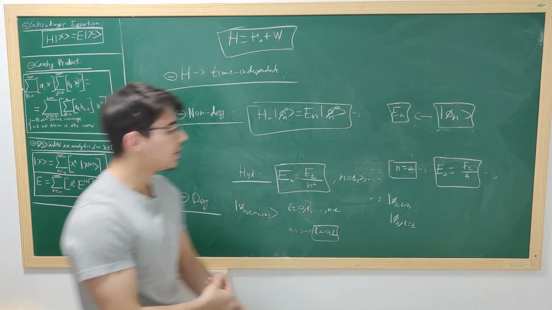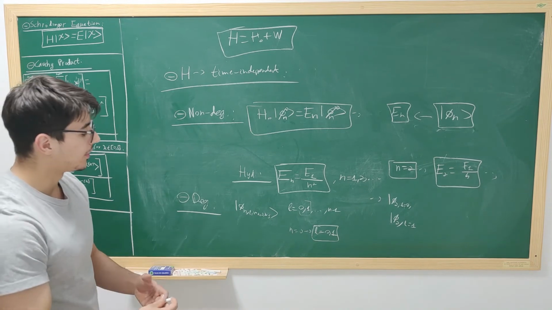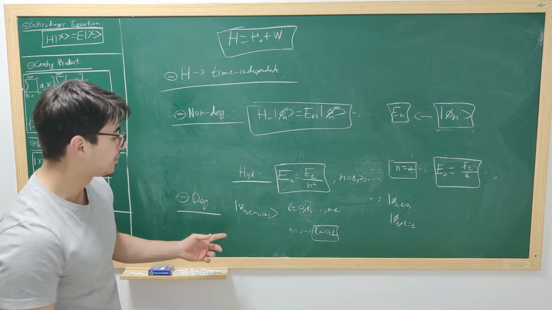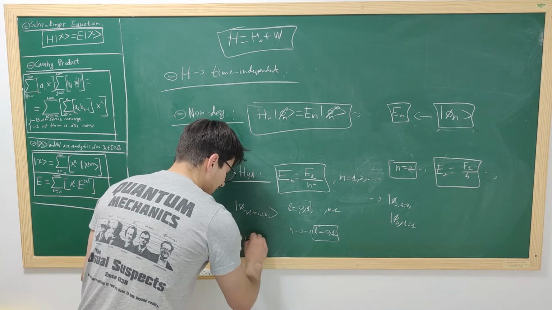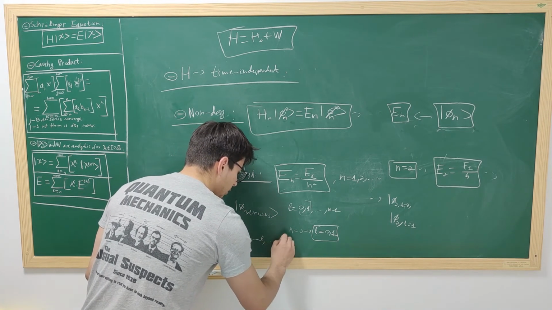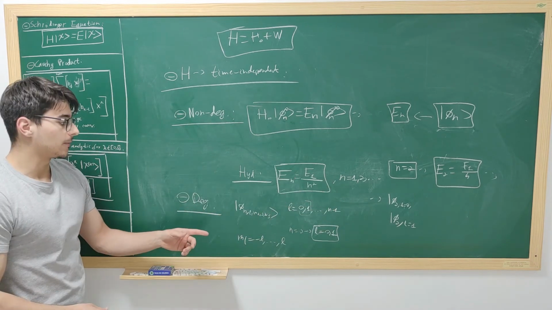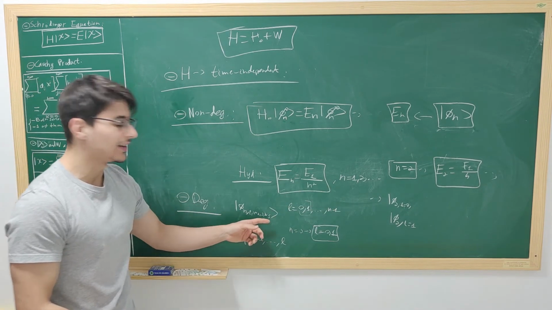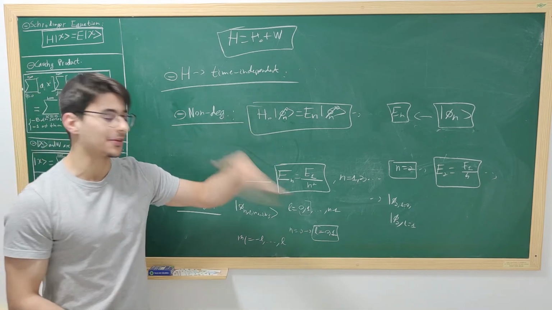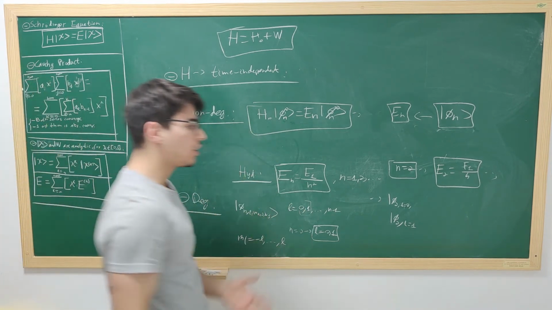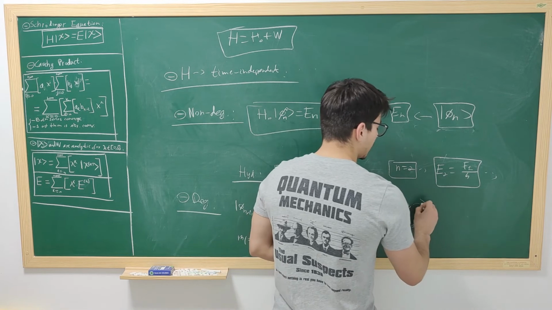Actually, this ambiguity is a lot more noticeable because ML just goes from minus L up to L. So we will have a lot more different eigenstates. And also MS is either 1/2 or minus 1/2. So we will have a lot of different states with the same energy.